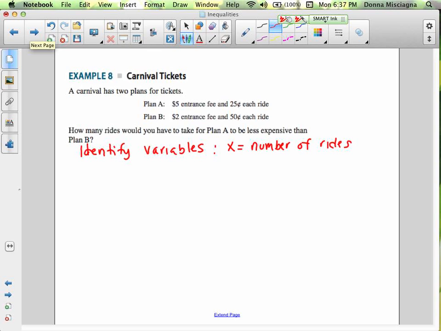Once we know what our variable is, because that's what's changing, how many rides. The entrance fee is fixed for Plan A and fixed for Plan B, but the ride cost, how much we spend for rides, depends on how many rides we take. So let's write it in words, and we'll translate from words to algebra.